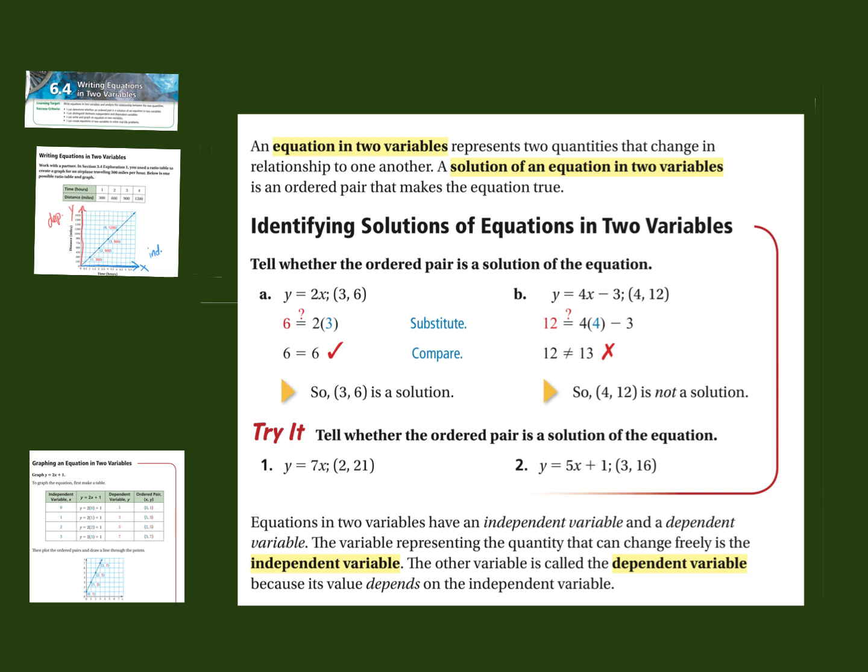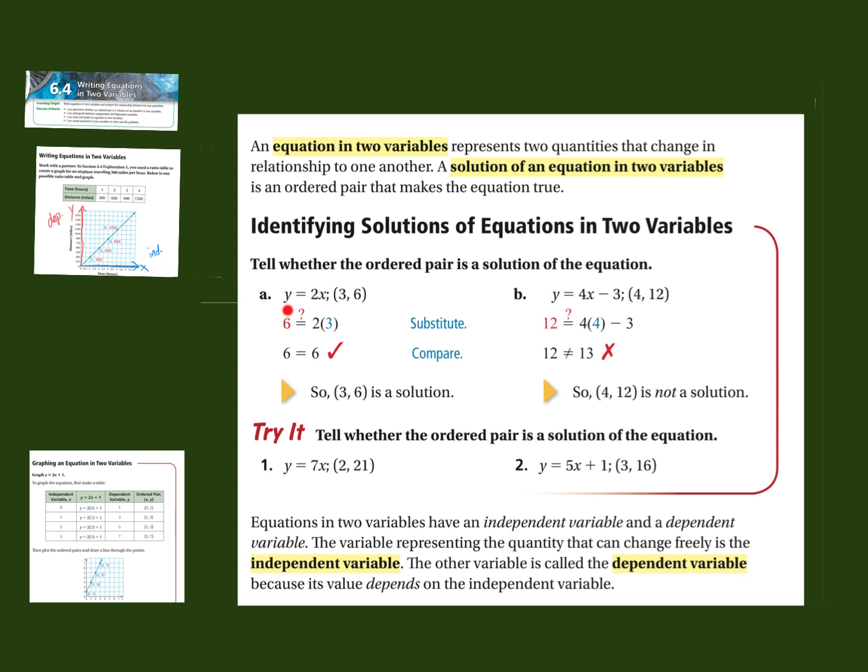And so our independent variable is going to be the variable that's within the equation that is not left alone, okay? And so when I say left alone, I'm talking about this y right here.